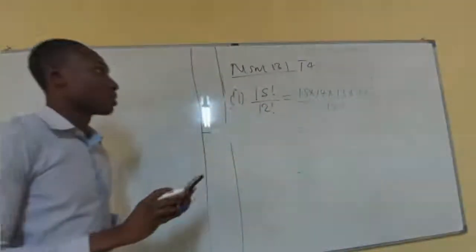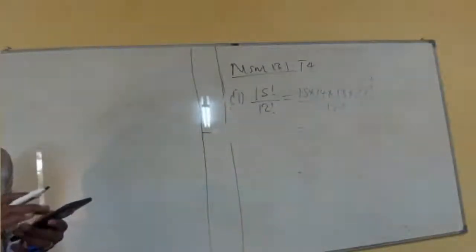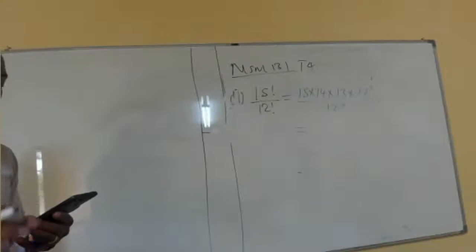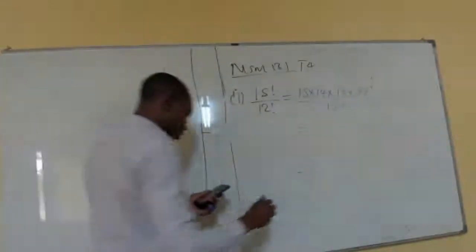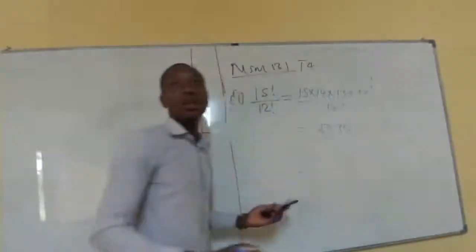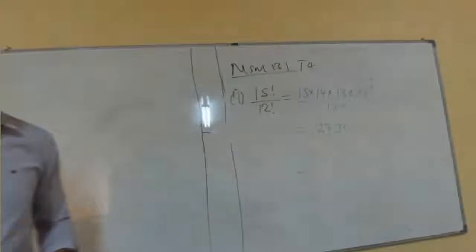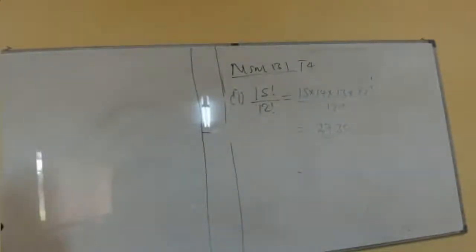So now we are simply multiplying 15 times 14 times 13, which is 2,730. So that's your ultimate answer, 2,730.